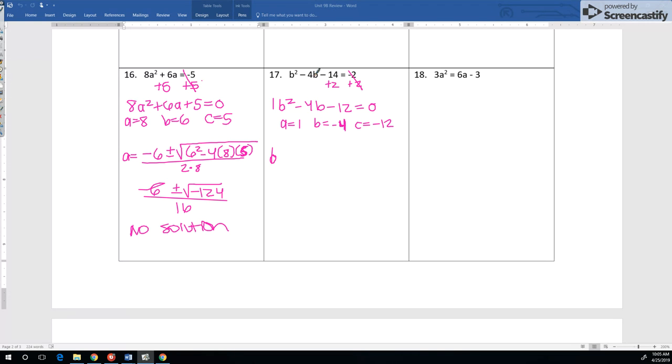So b, the variable, is equal to the opposite of b plus or minus the square root of b squared minus 4ac all over 2a.